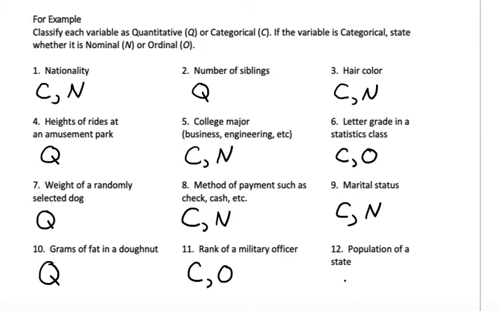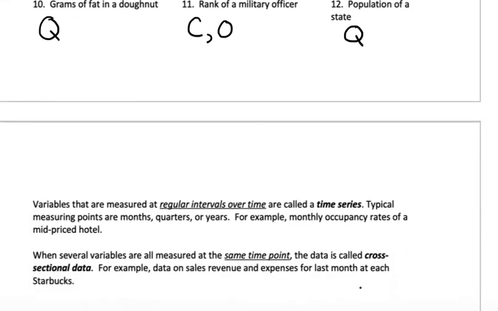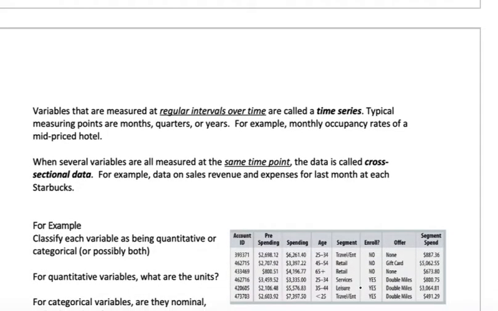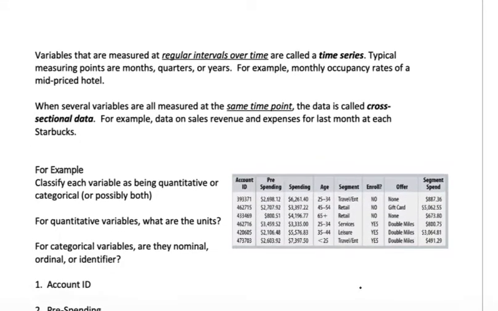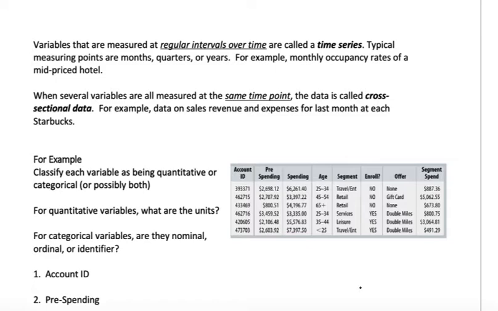And lastly, population of a state would be a number of people, and so that would be quantitative. So one last way that we're going to look at classifying variables is time series and cross-sectional. Time series means that each case is measured in a different period of time, and cross-sectional means that all cases are measured at the same time.